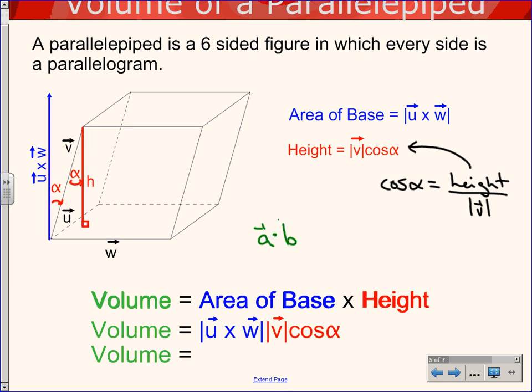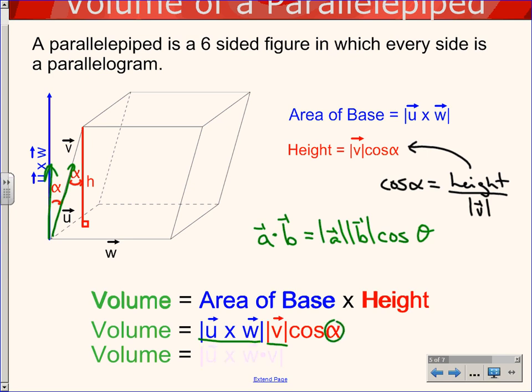The dot product is magnitude of A, magnitude of B, cos theta, right? Theta is the angle in between. Well, if you think about what I have here, I have the magnitude of a vector, the magnitude of another vector, and alpha is the angle in between vector v and that cross product. Right? That's exactly the angle I needed.